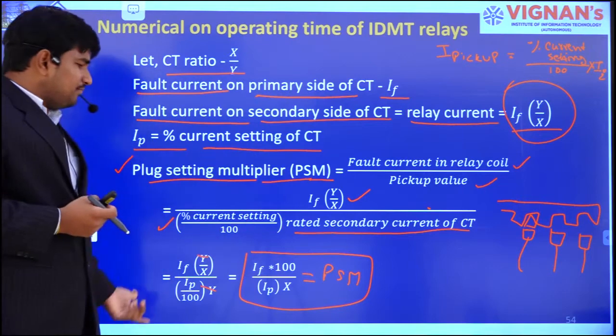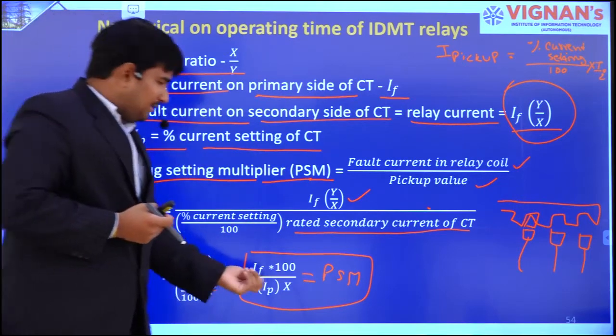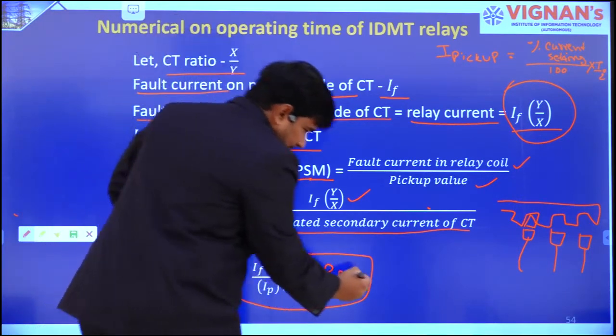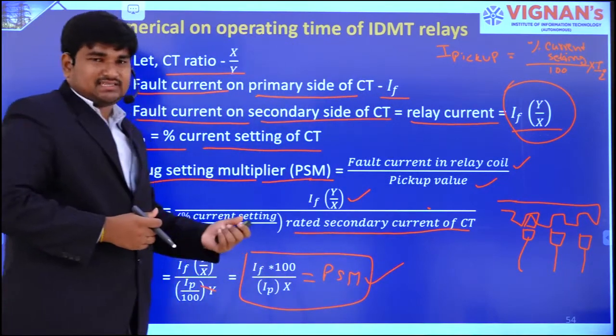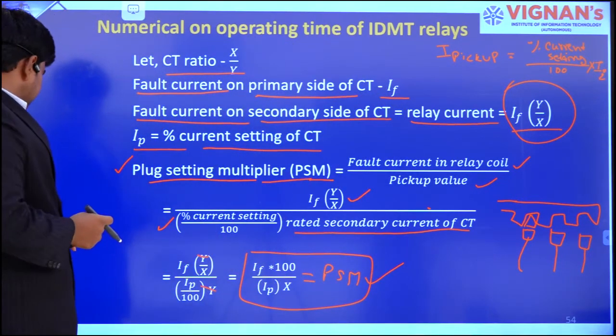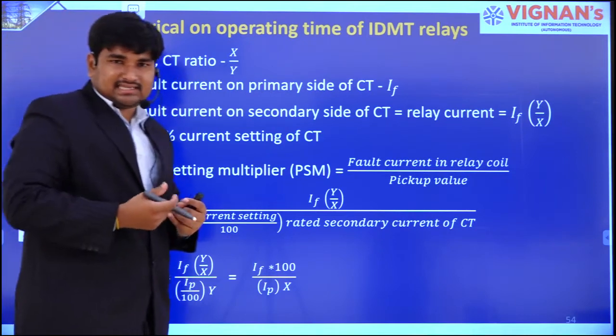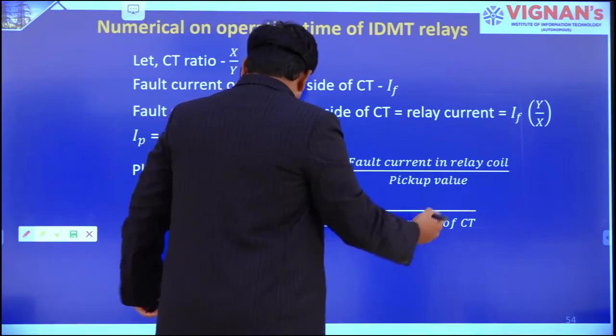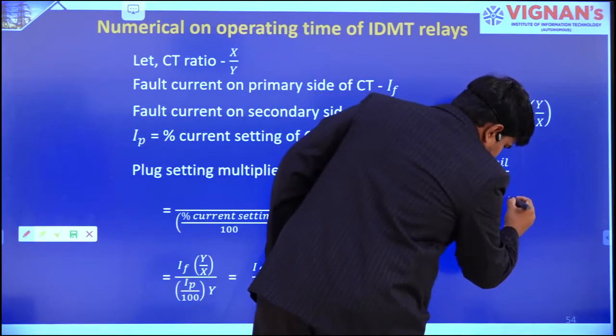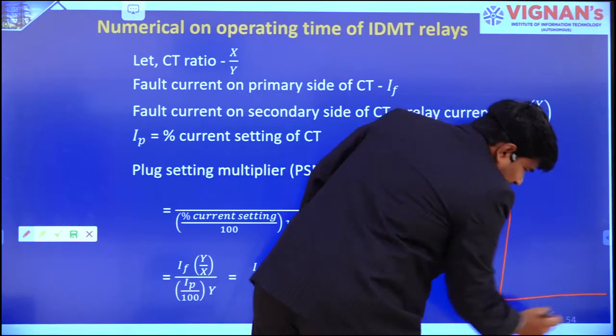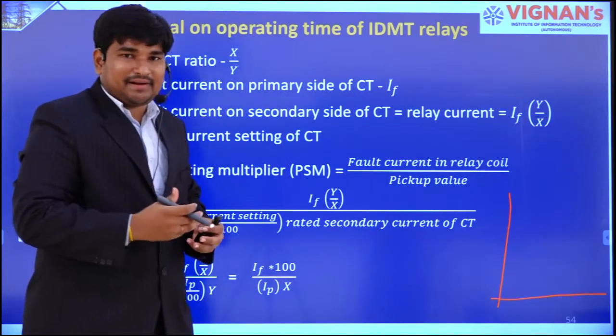So these are the values to be remembered. Now, from this PSM, as I discussed in the previous class, let us observe the IDMT type relay graph.